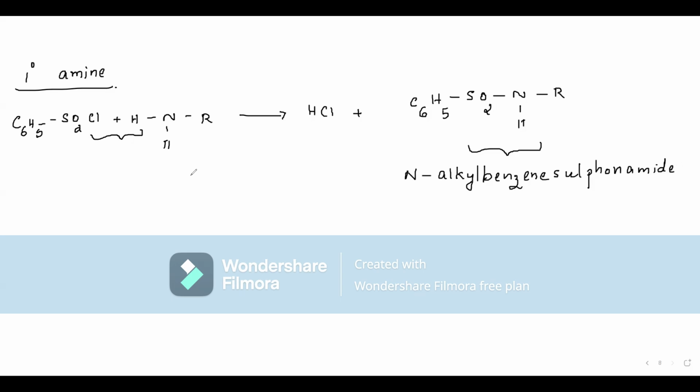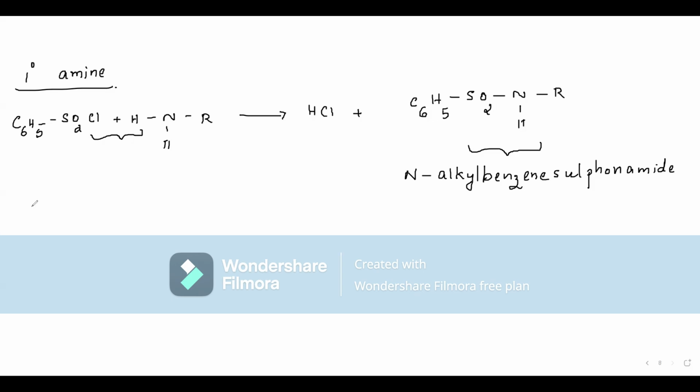Now, what did we say? Primary amines react with Hinsberg reagent to give you the sulfonamide. Even if sulfonamide becomes difficult to remember, it gives a product which is soluble in excess of KOH.